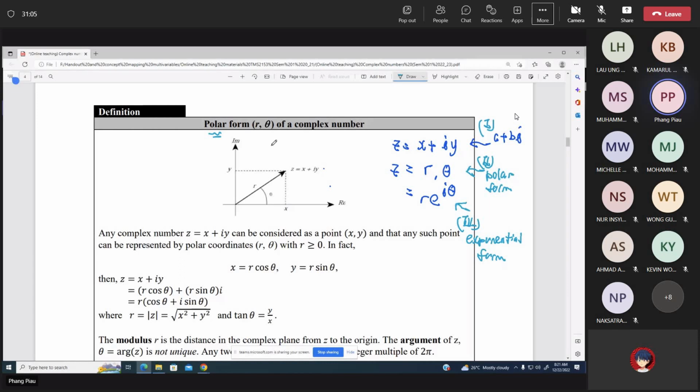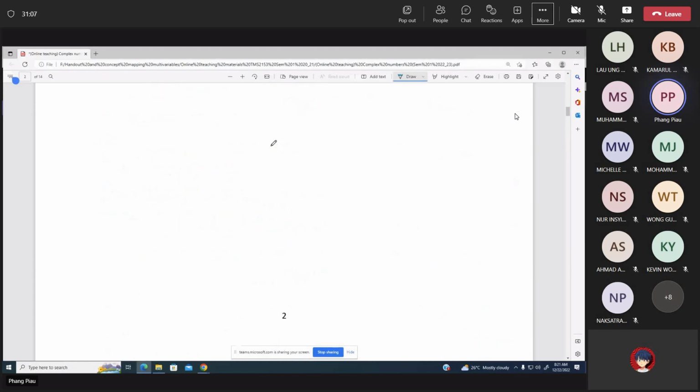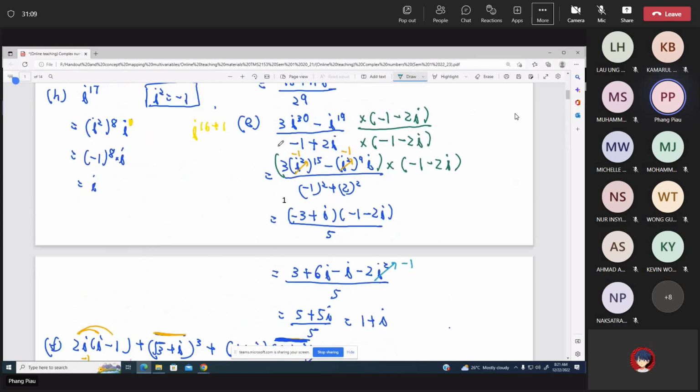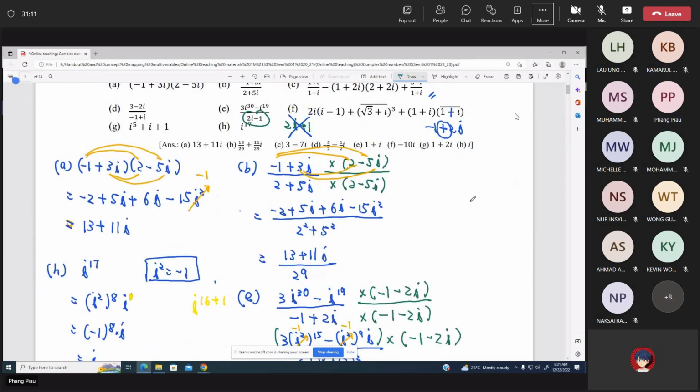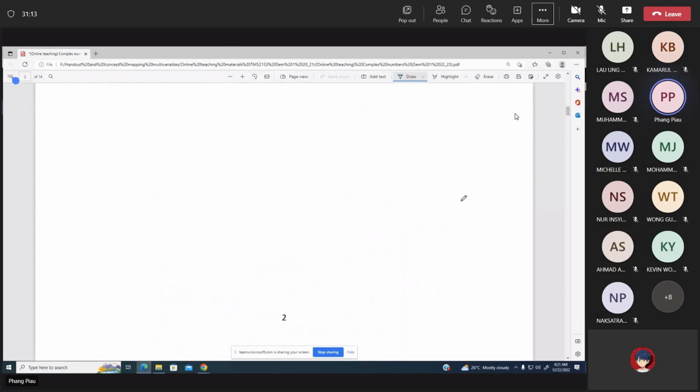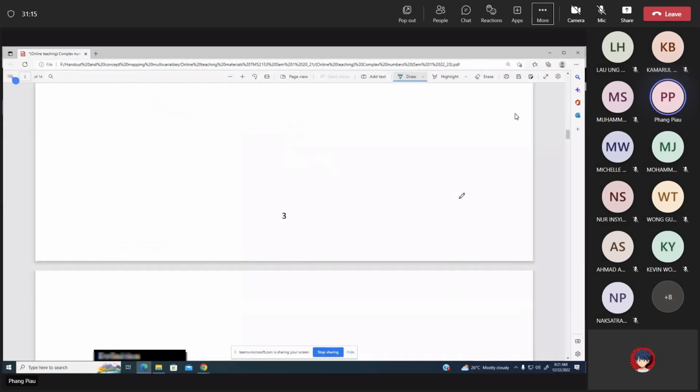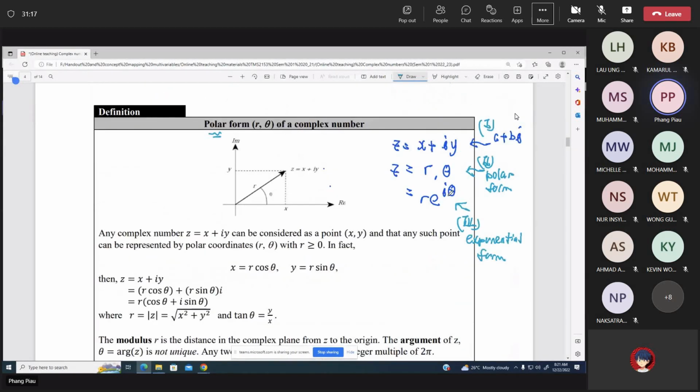If you go for this division, you need to do this thing. But with the exponential form, later on, there is a way that you can do your multiplication or division of complex numbers much more easily. So that's the reason why we have different forms.